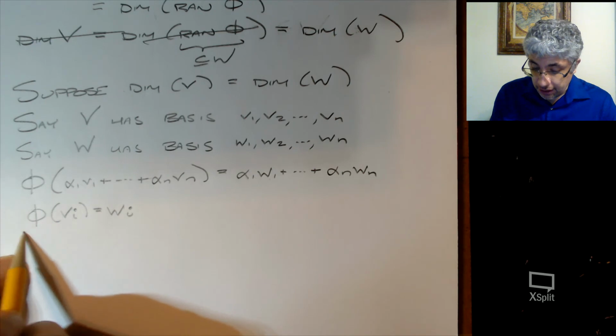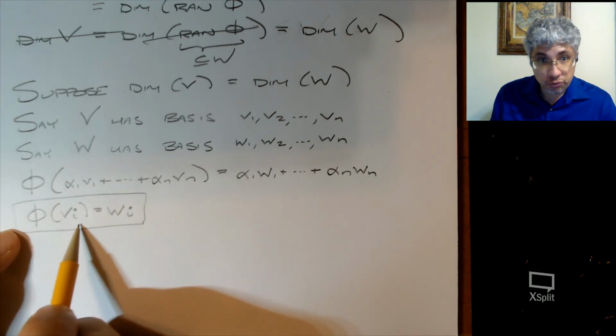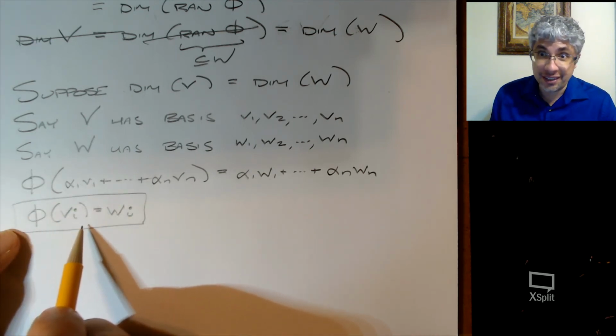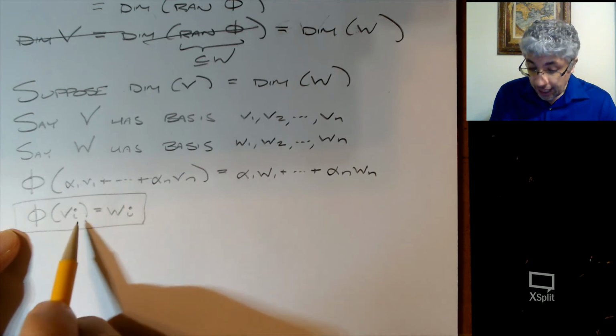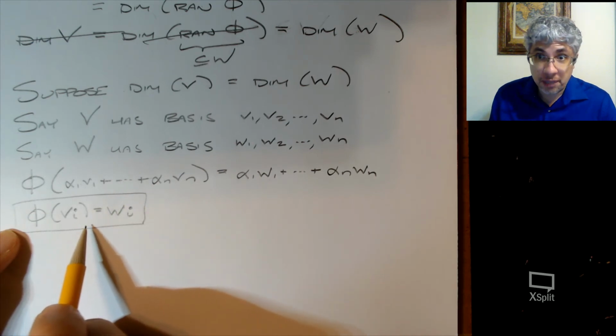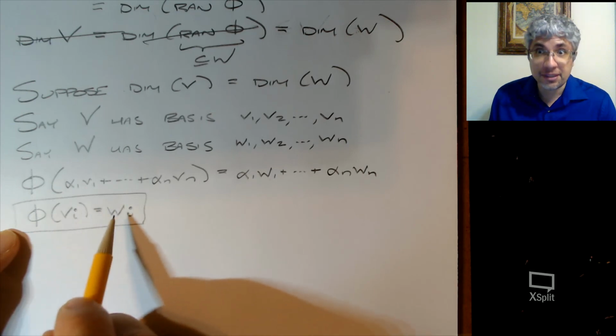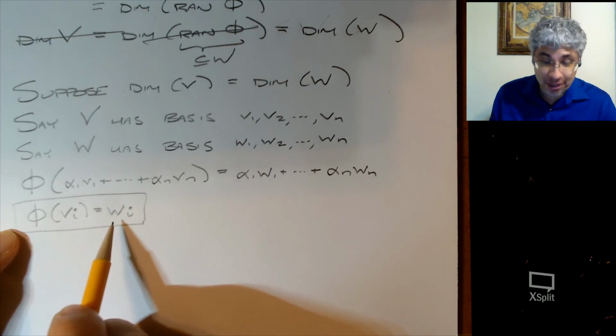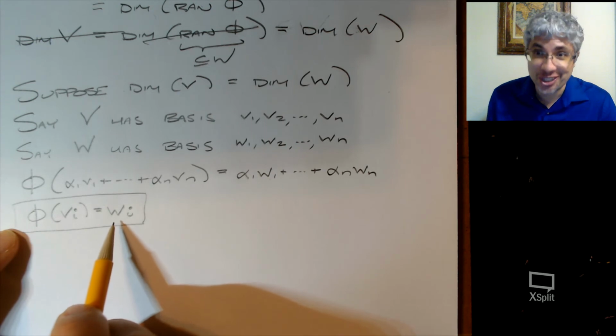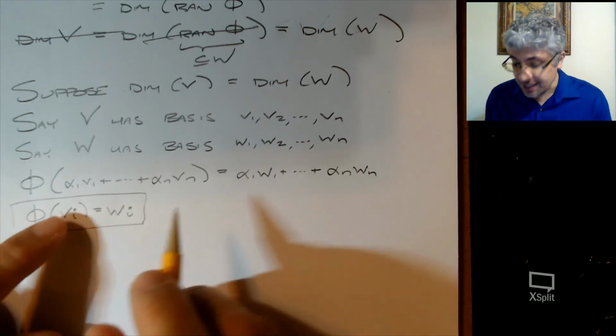So if I define my phi using this rule, and then I just extend linearly, I get this, and I know that any linear transformation is completely determined by where it sends its basis elements, and I know that any possible mapping of basis elements determines a linear transformation. So that says that this is linear.